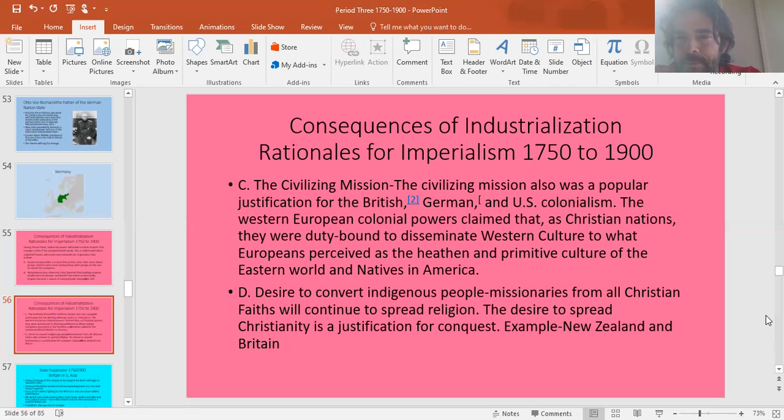Why is this happening? And the answer is industrialization. When you're one of these states that is industrialized, your advantage over non-industrialized groups of people is so big and so vast that the natives are not going to have any way of defending themselves.